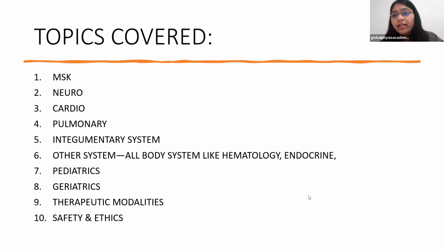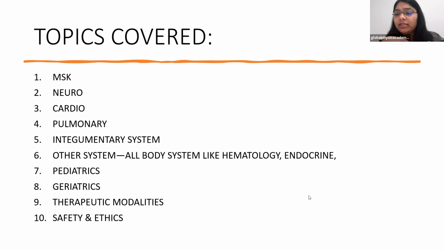The topics covered in the written exam are musculoskeletal, neuro, cardiology, pulmonary, integumentary system, that is the skin, burns, and other systems, which include hematology, endocrine, thyroid hormones, parathyroid, and all the other systems.